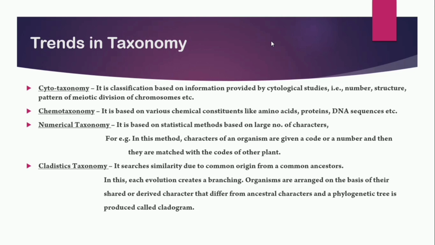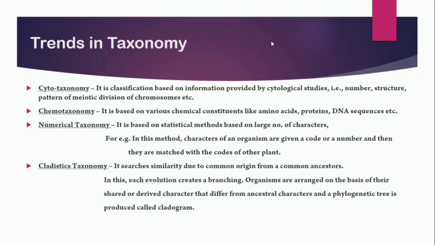For example, if I take 2 humans, I'll check it has 2 eyes, and I'll give this a code A. I'll check all its features and maintain the data in a computer. Then I'll check another organism, give it a code, and store its data in the computer. Then I'll match both data sets in my computer, and give a result whether they can be put in a category or not. So this is numerical taxonomy, in which classification can be done and recorded in a computer.